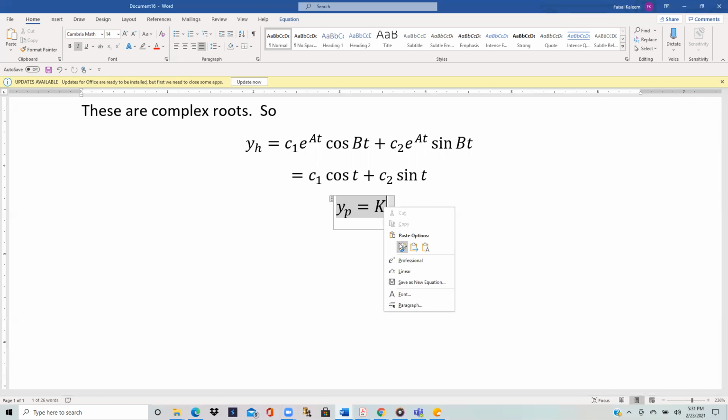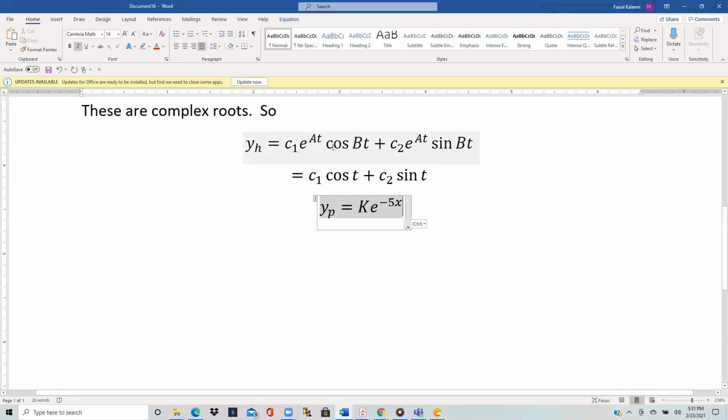And then after we write this, we look at the homogeneous solution and see if there are any similar terms. None of these terms are similar. Neither c1 cos t nor c2 sin t is similar to k e to the negative 5x.